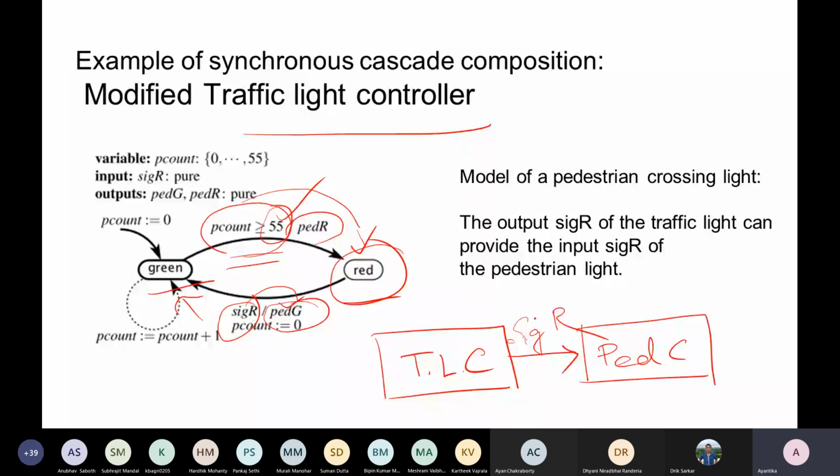You are basically cascading these two finite state machines, and this one specific output of this traffic light controller is going to this controller, and that is set as the transition condition of this particular FSM. So this is one example of your cascaded composition or serial composition. Okay.